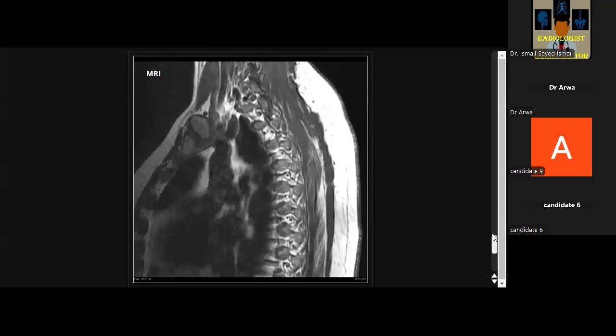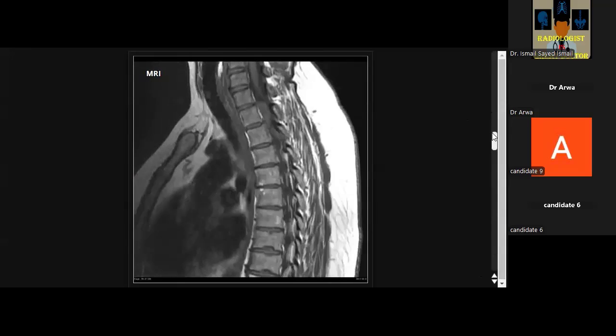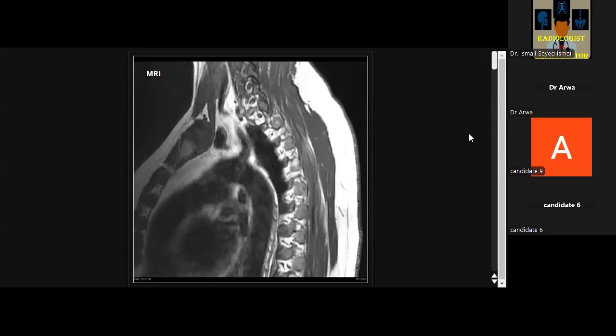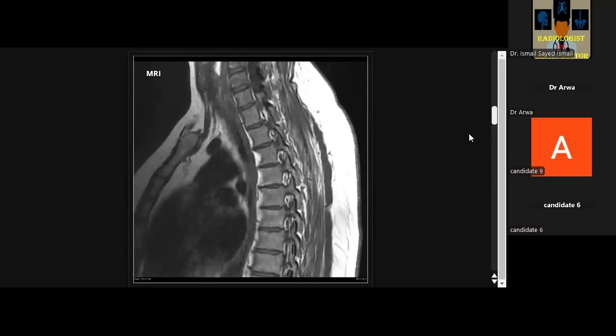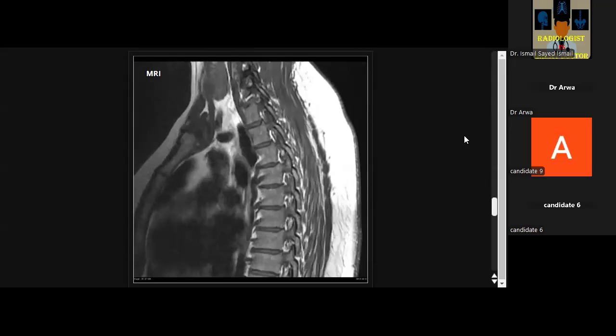I'm unable to scroll. Okay, I'm presented with sagittal T1 weighted images of cervical dorsal spine. I can appreciate that there is. I'm trying to scroll. Take your time. Yes, I'm scrolling on.